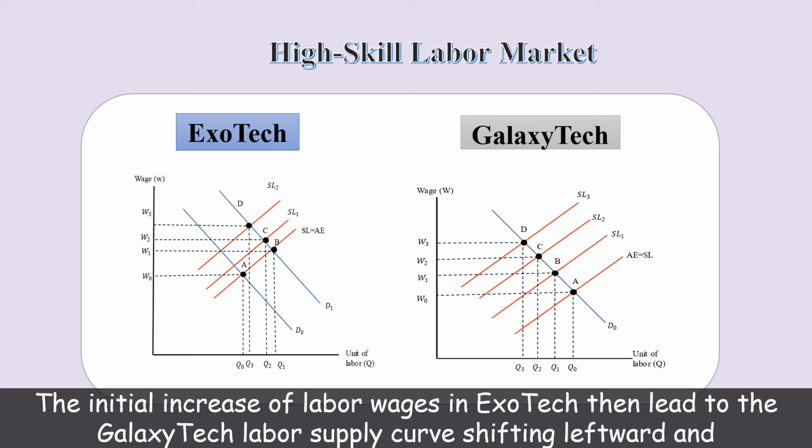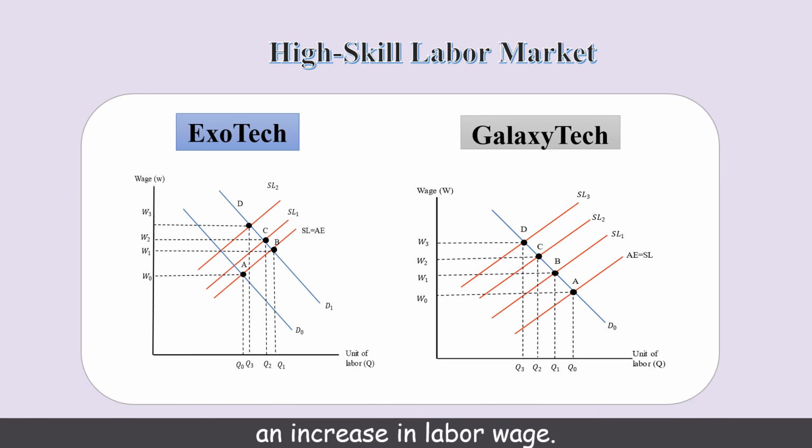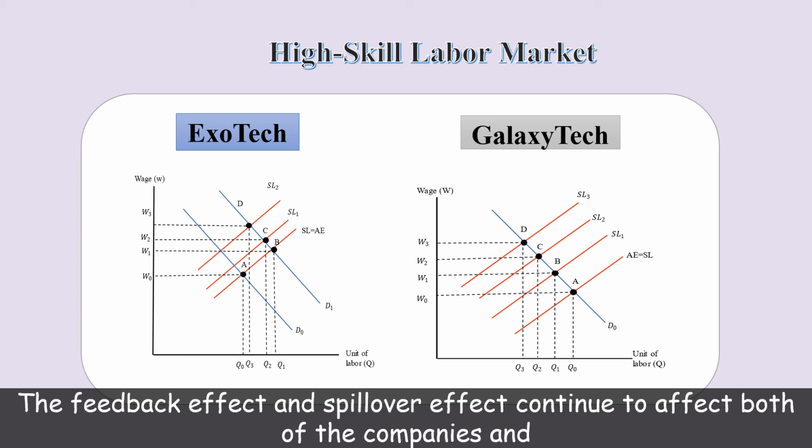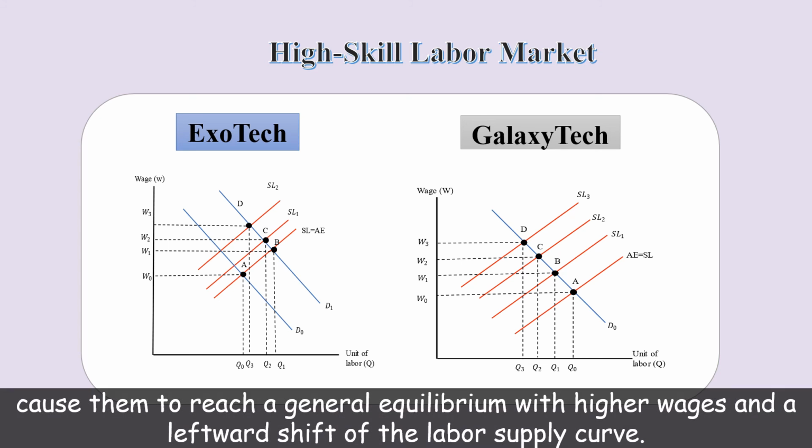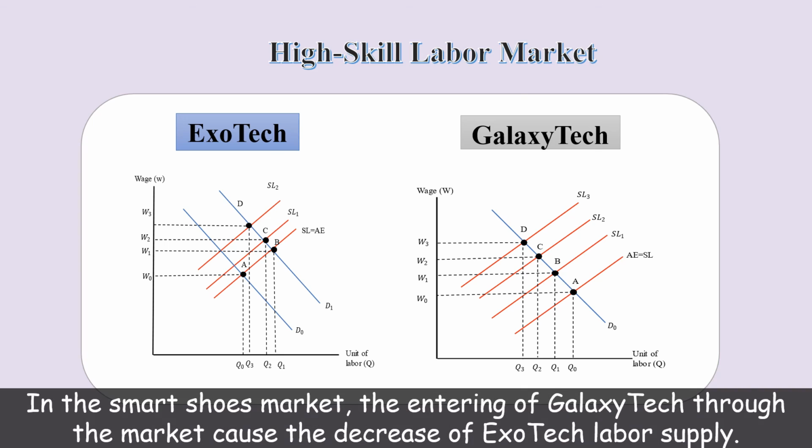The initial increase of labor wages in Exotech then leads to the GalaxyTech labor supply curve shifting leftward and an increase in labor wage. The feedback effect and spillover effect continue to affect both of the companies and cause them to reach a general equilibrium with higher wages and a leftward shift of the labor supply curve.